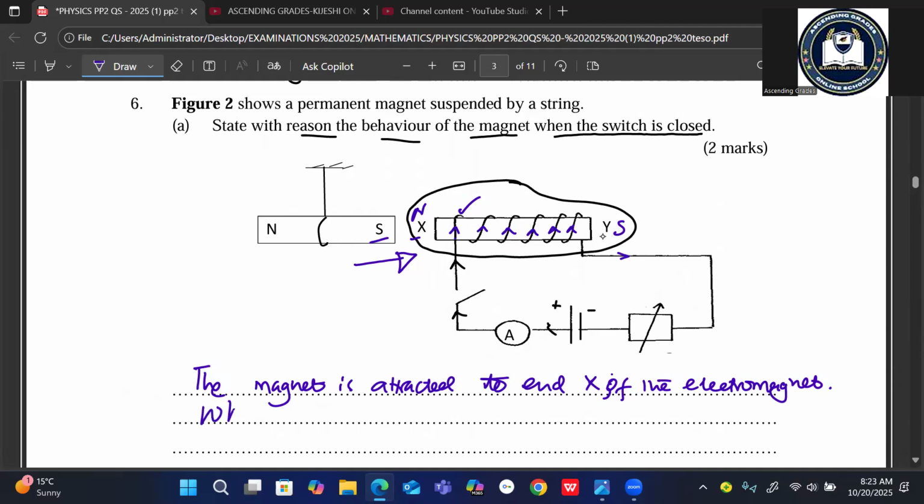So when the switch is closed, now we are explaining why attraction is occurring.